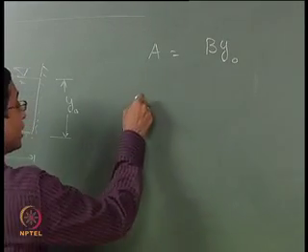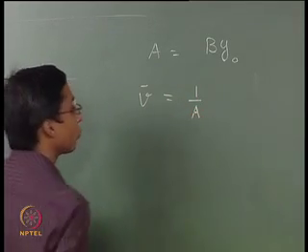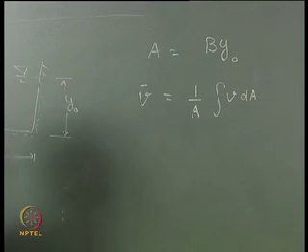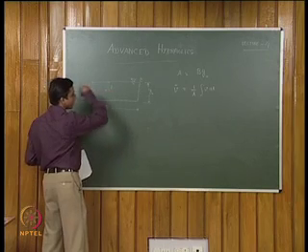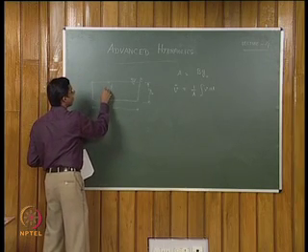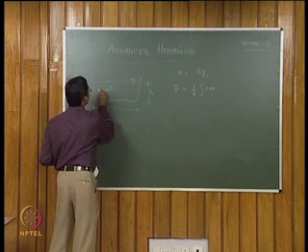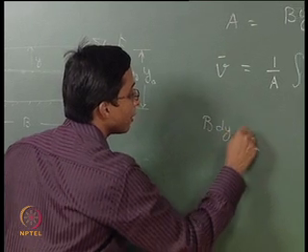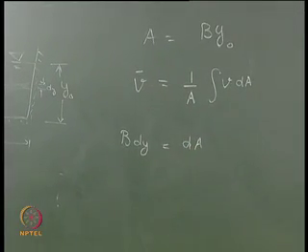What is the average velocity? You know, average velocity is computed as 1 by A integral v dA. Fine. So, what is this thing here? If you just take the elemental strip whose width is dy, b into dy is the elemental strip area dA.